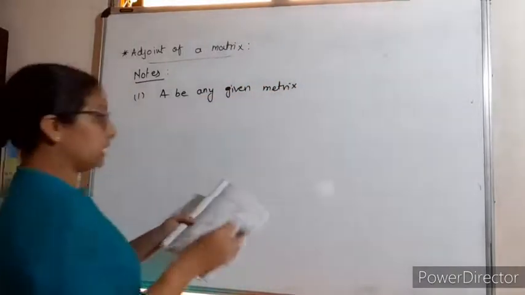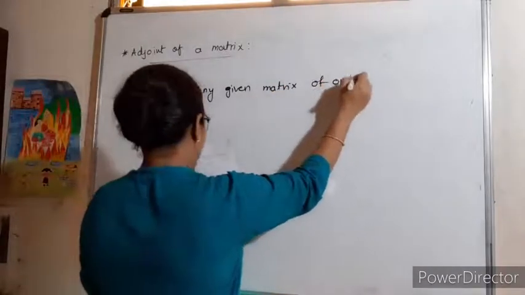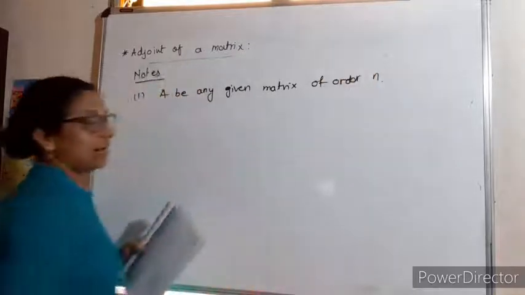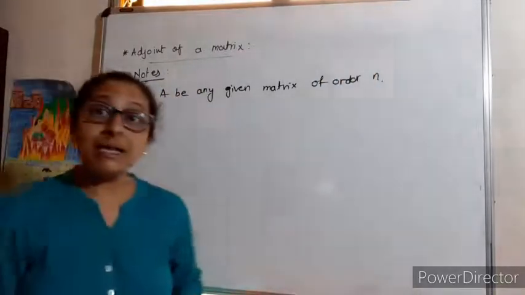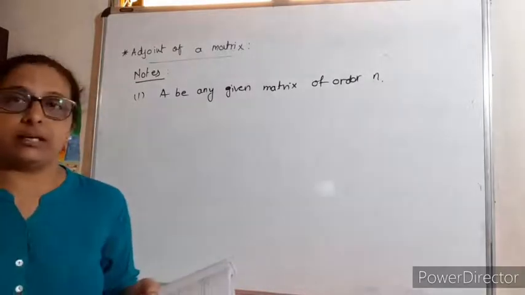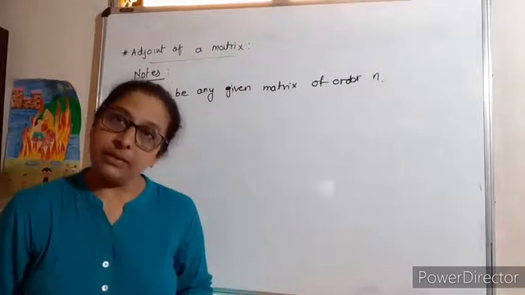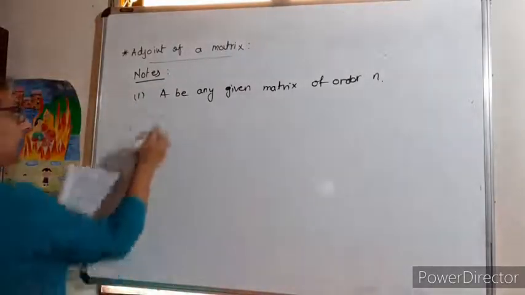Suppose A is any given matrix of order n. That means it is of order n cross n because it is a square matrix. We are talking about adjoint. Adjoint is possible only for a square matrix, that you keep in mind.